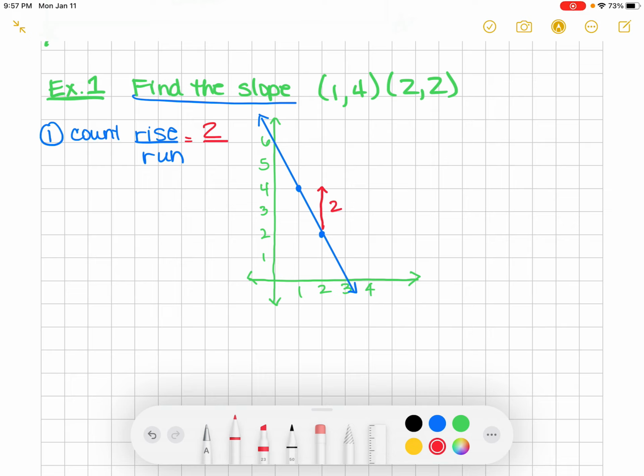And then your run is going horizontal. So if I'm going from here over, that's only 1 square. So I'm going to have 1 under there. Okay, and then I divide those numbers. So 2 divided by 1 is 2. But I need to decide if it's positive or negative. So sometimes when we do the formula, it's going to tell you whether it's positive or negative without looking at it.